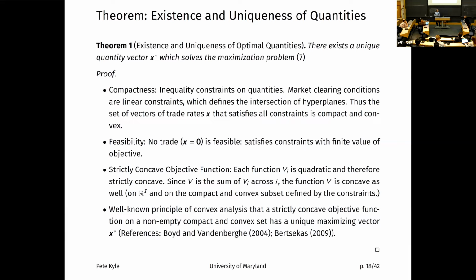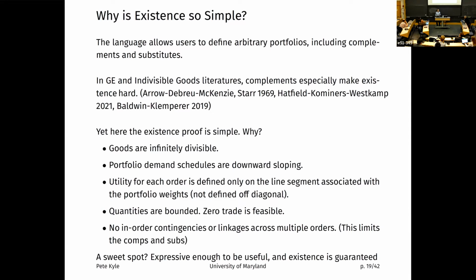It's a pretty standard result in optimization that you have unique market clearing quantities that solve this problem. But we're economists, right? Let me just say before I go on, the fact that we've assumed the goods are infinitely divisible, and the fact that we've assumed the schedules are downward sloping, has given us this strict concavity and the continuity properties that allow us to get the solution.